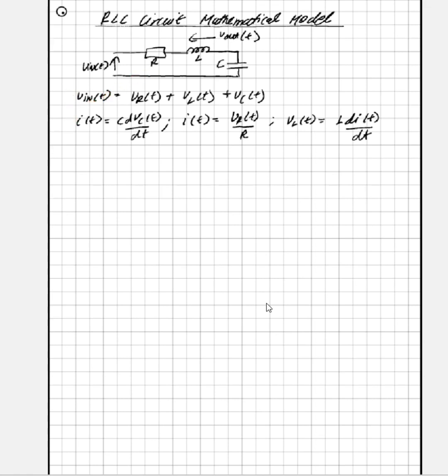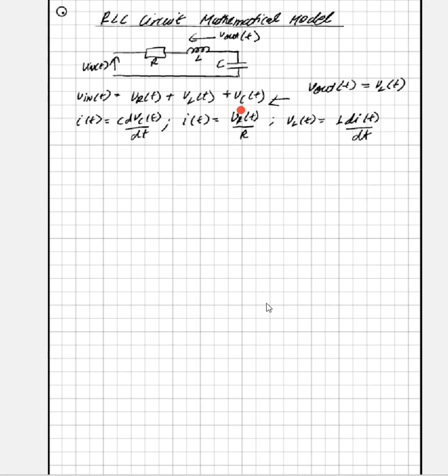We are only changing the position where we measure the output voltage from. So like before, we focus on this equation, and now voltage output is equal to the voltage across the inductor. So now we want to make sure we replace VC of t and VR of t with voltage outputs. So we have one equation which only contains voltage input and voltage output.